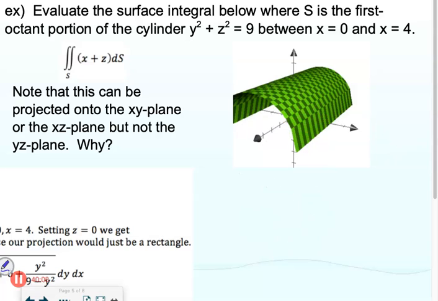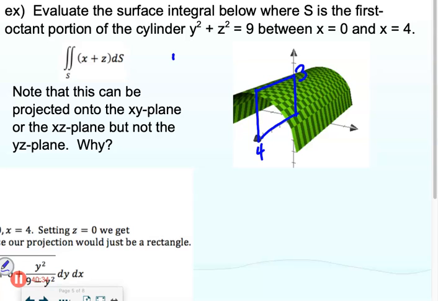The nice thing about the XZ plane is you don't have to change anything in your integrand. So that would be our projection onto the XZ plane. This is still 3, this is still 4.